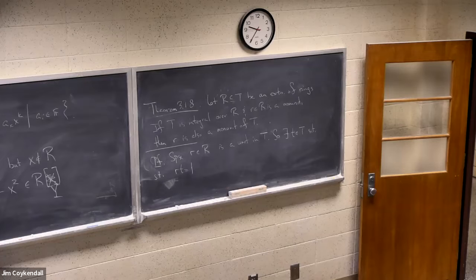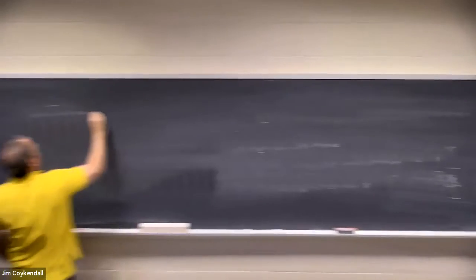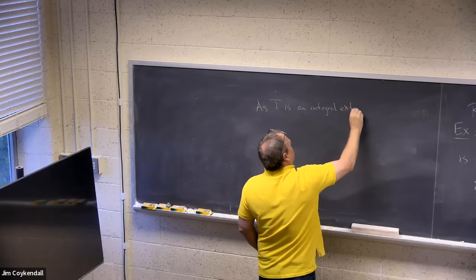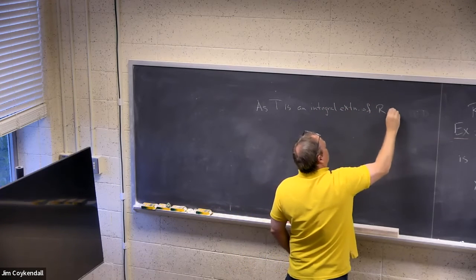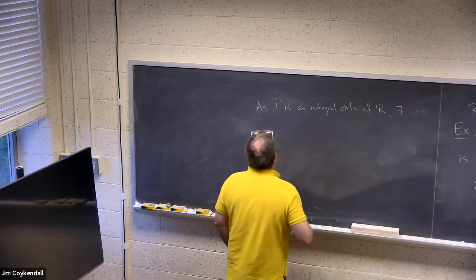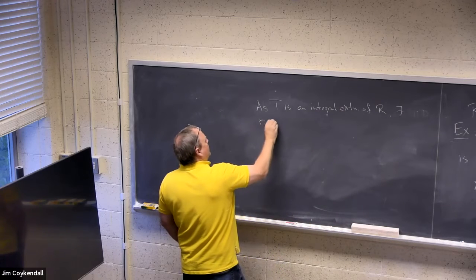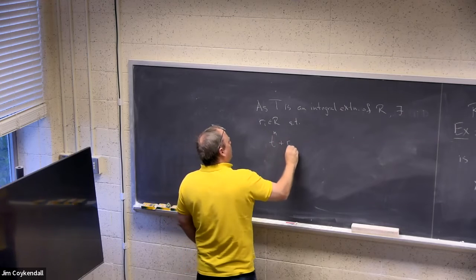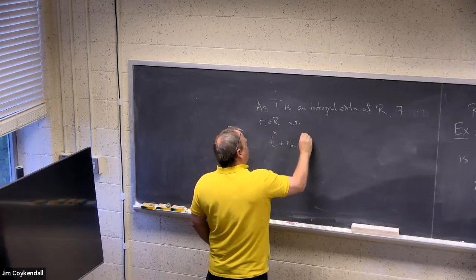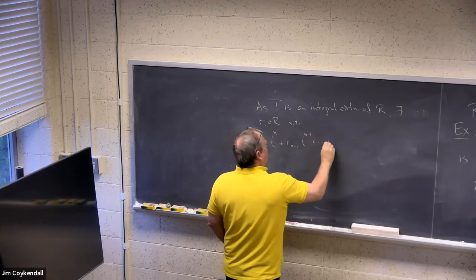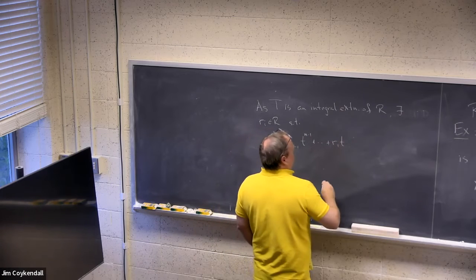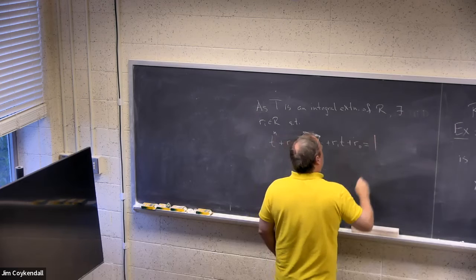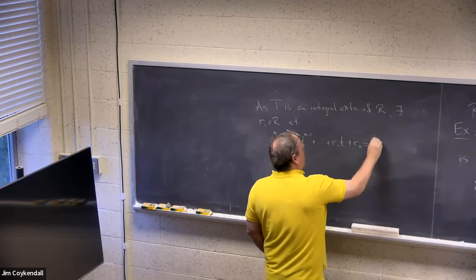As T is an integral extension of R, there exist r_i in R such that t^n plus r_{n-1} t^{n-1} plus up to r_1 t plus r_0 is equal to 0.